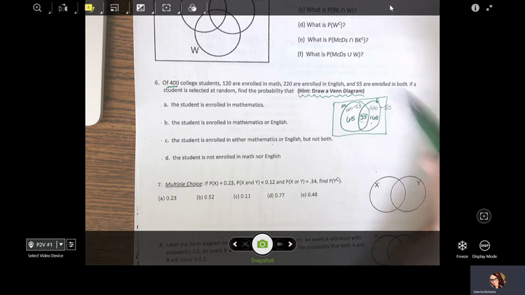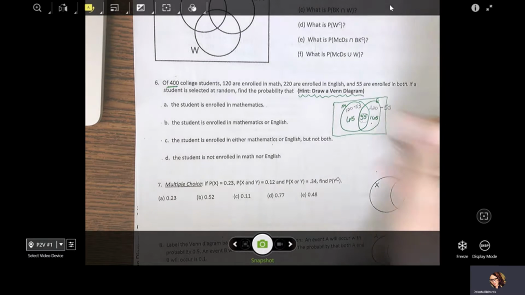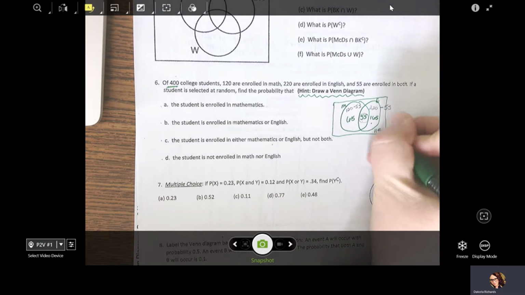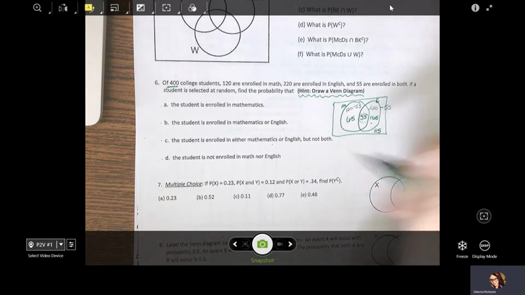So you have to subtract from 400 to see the other students that are not in a math class, or they're not in an English class, okay? So you're going to take 400 minus 285, and that goes down here. That's 115. So 115 students are not in any math class. They're not in any English class.